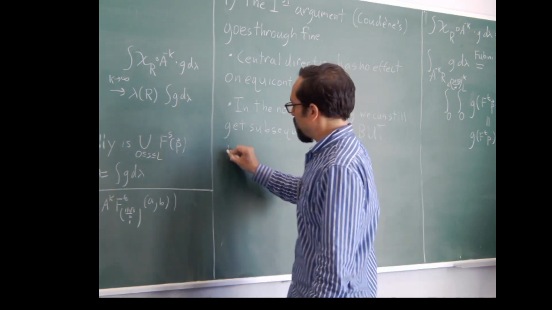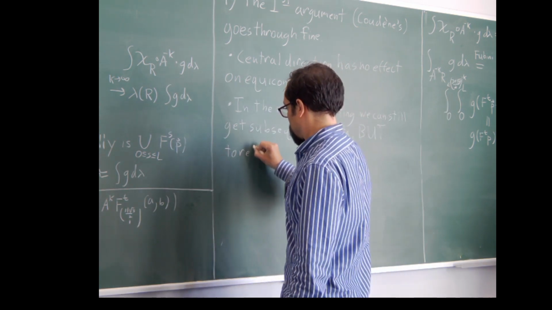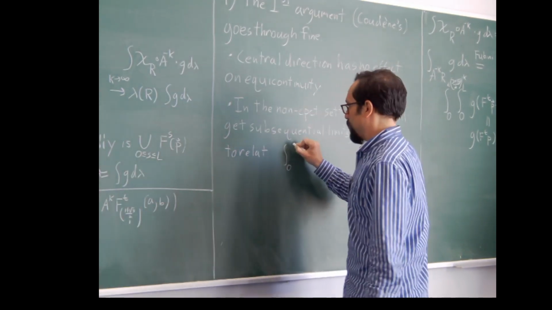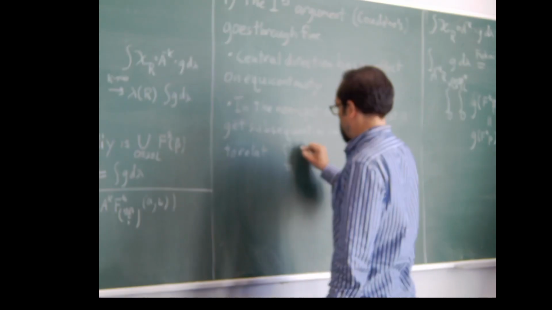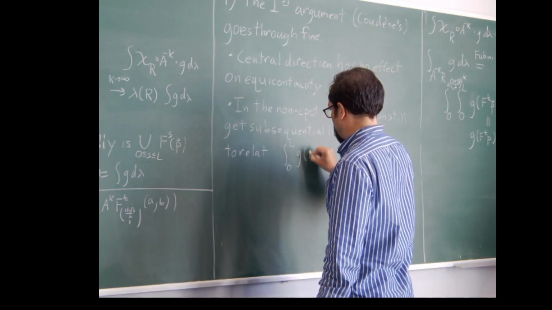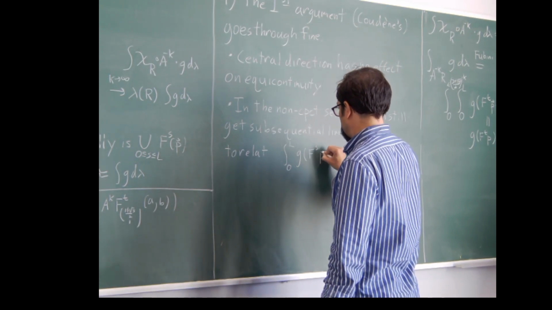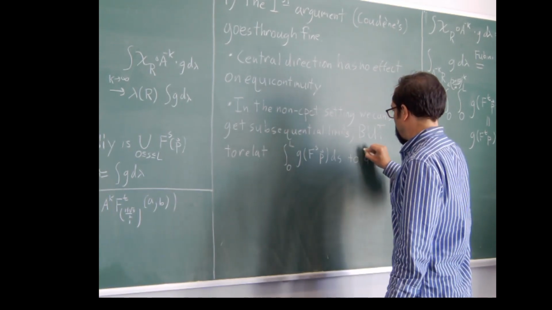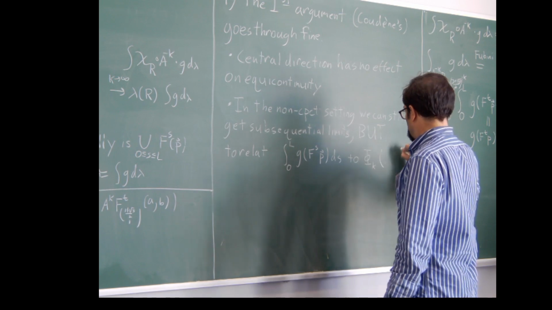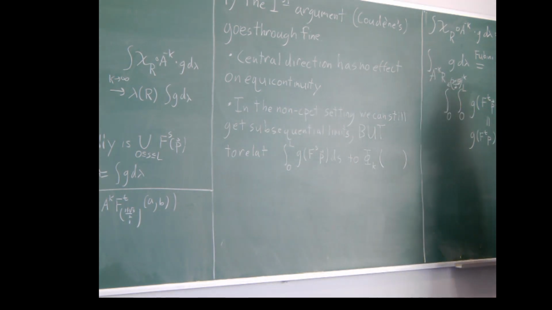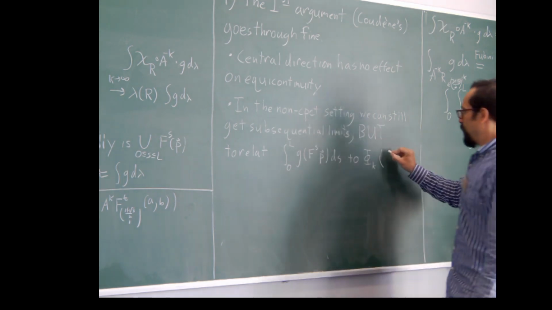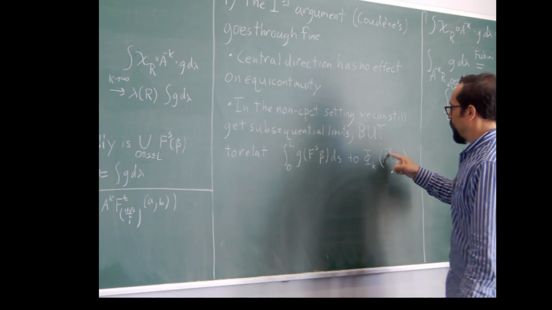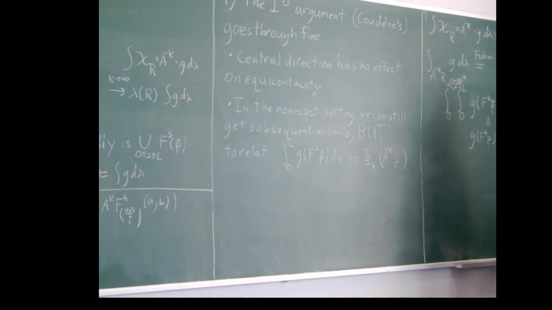But to relate the integral from 0 to, let's say, a particular L of g of f to the s of p ds to phi sub k of something, I need to fill this in. This needs to be a to the minus k of p for an appropriate choice of minus k. Okay, everyone okay with it?